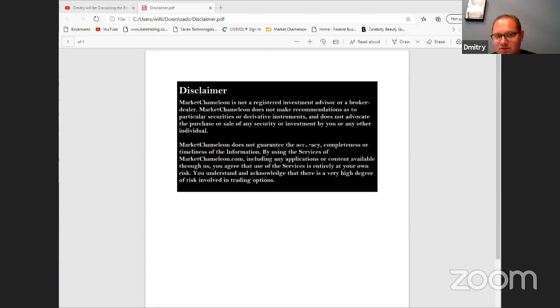Do we want to do a disclaimer real quick? Yeah, let's do that before we start and get that out of the way. This is the first time we're going to try to do the very basics of options. Usually we start right in the intermediate level, where we assume you already know the basic call and put option. Here's the disclaimer, everyone.